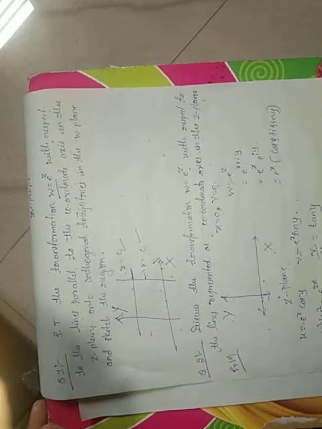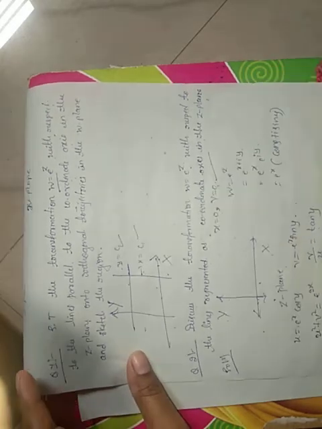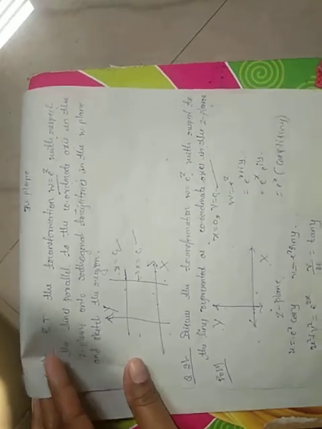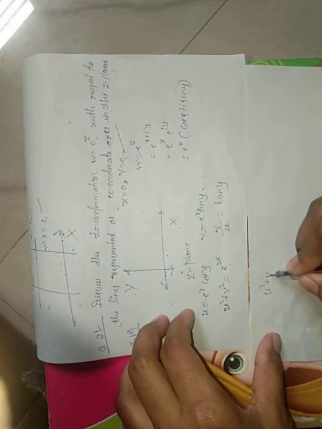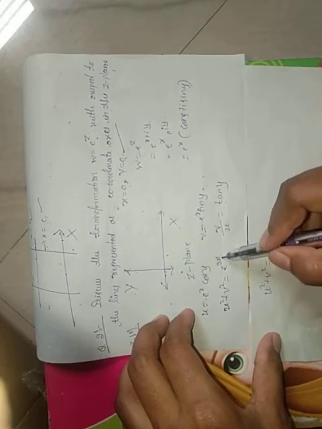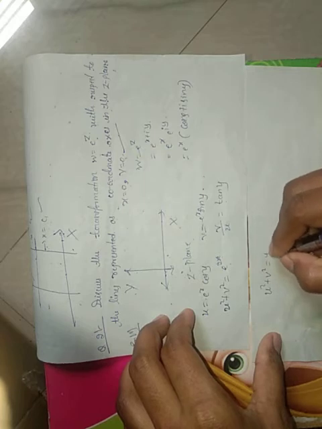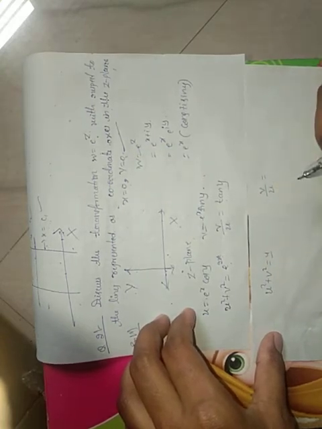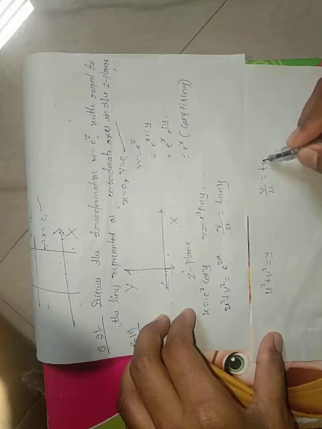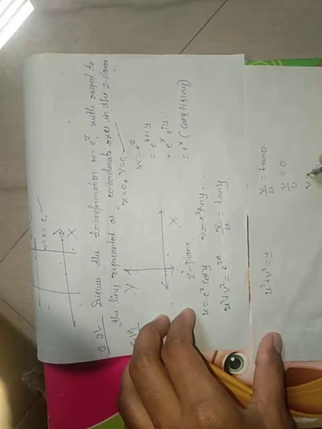So using these values now we have to apply these conditions. When x is 0, u square plus v square is equal to e raised to 0, which is 1. When y is 0, v by u is equal to tan of 0, which is 0, so v is equal to 0.